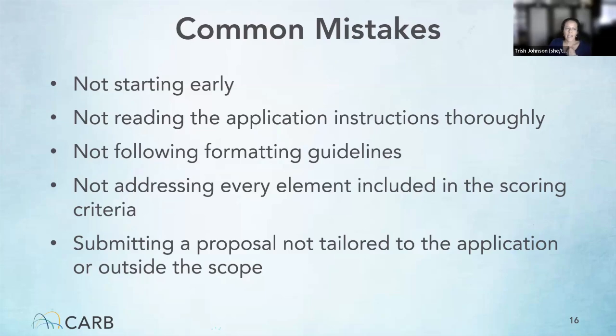And another mistake can be submitting a proposal not tailored to the application or outside the scope. These mistakes can result in a loss of points. We hope that applicants can earn as many points as possible. So we wanted to highlight some common mistakes as discussion points for today's workshop and areas to avoid in the development of your application.